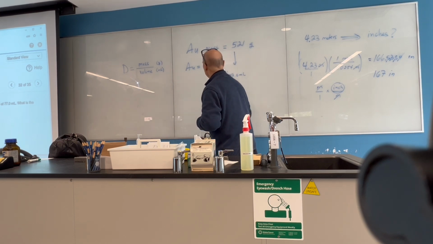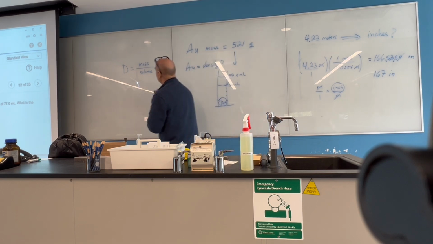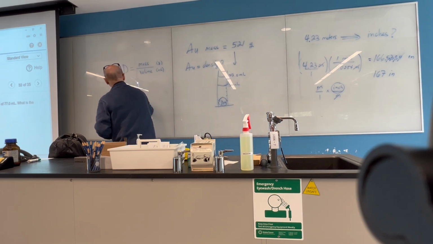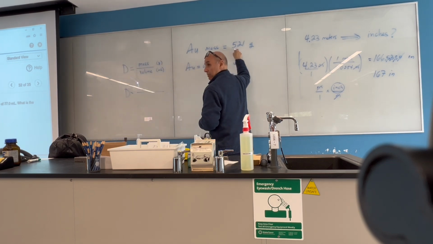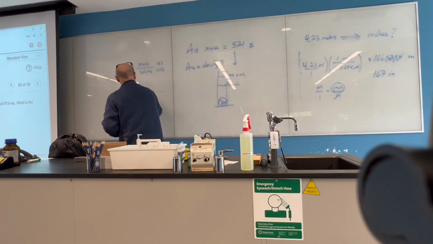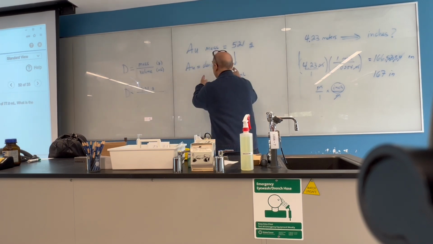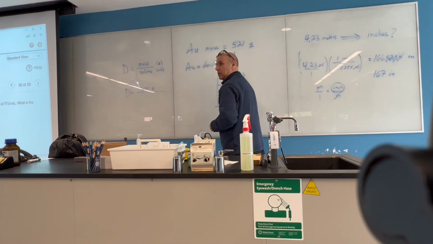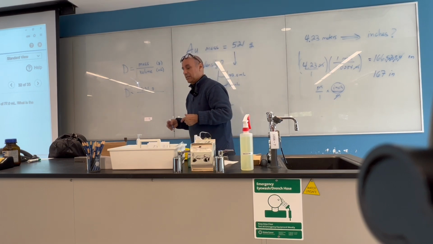So what's the density of gold? Well, we have the information here. We just had to put it in this equation. So D equals. Do we know the mass? Yes, we were given that mass. So we're going to put that on top and the units. Do we know the volume of the piece of gold? Well, we were not even given the shape. You know, we don't know if it's a cube, if it's a cylinder.